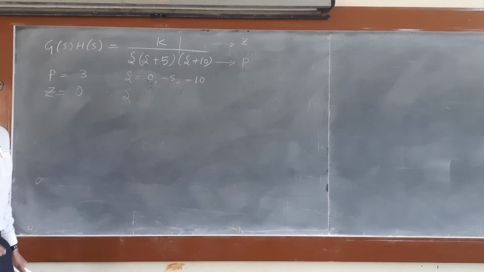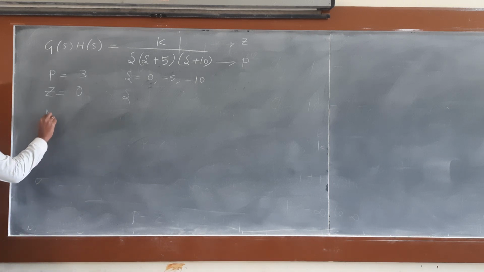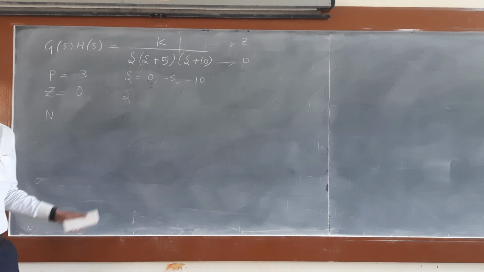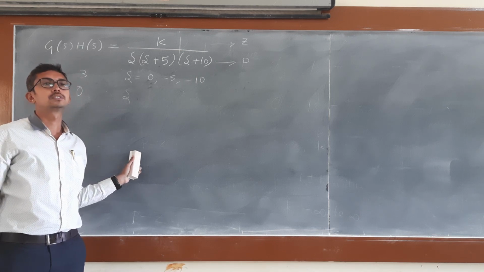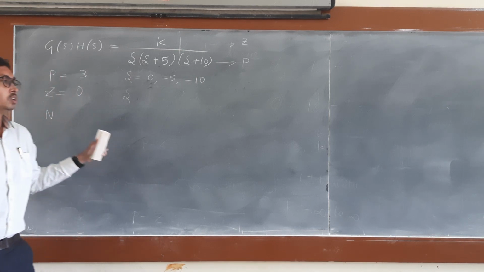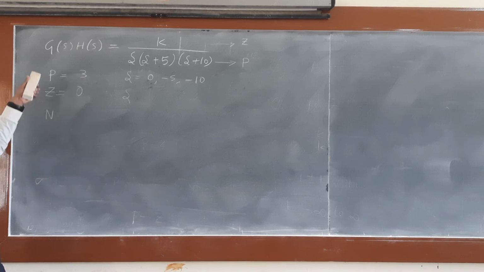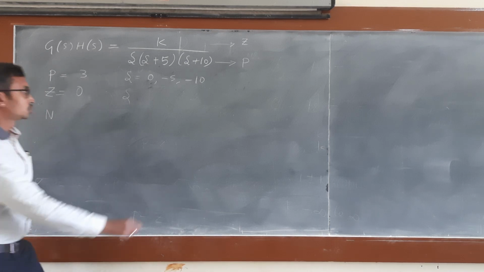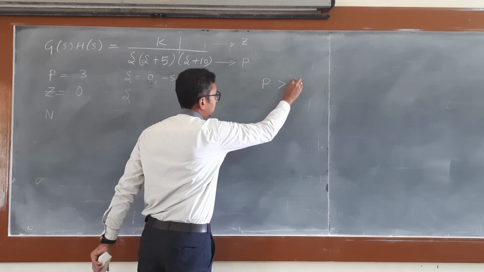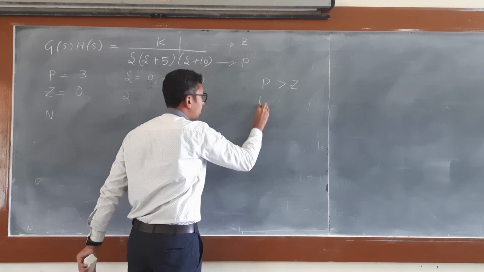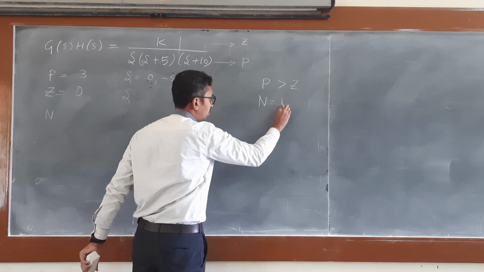And we need to find out the number of branches. How to find out the number of branches? We need to know P and Z. You need to compare P and Z. So here P is greater than Z. So therefore number of branches is equal to number of poles.